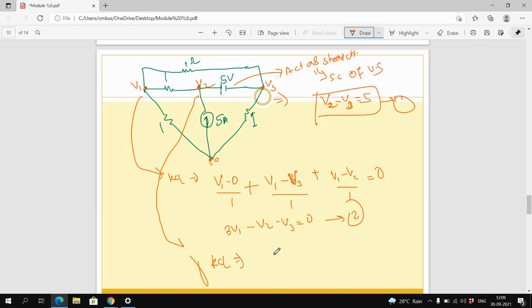KCL. So V2 minus V1 divided by 1 ohm plus, make it short circuited, V2. So this potential appears on that side, then V3 divided by 1 is the current from this node.